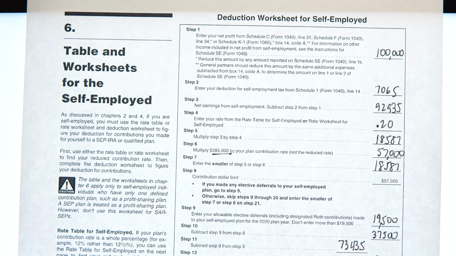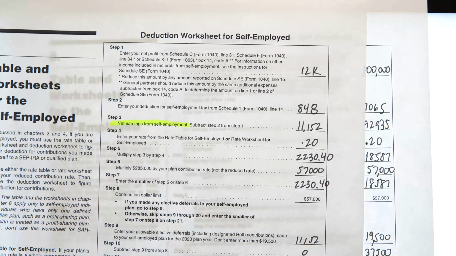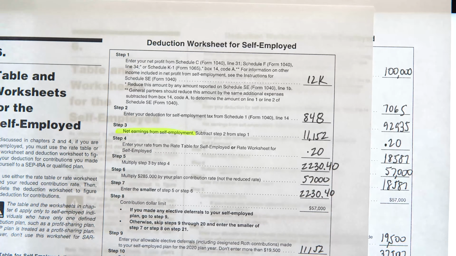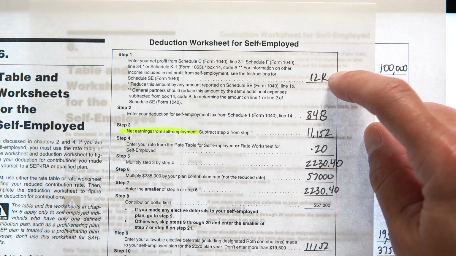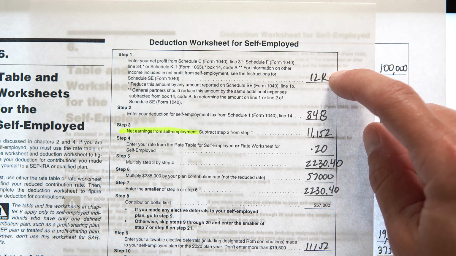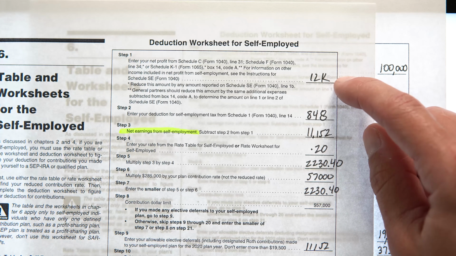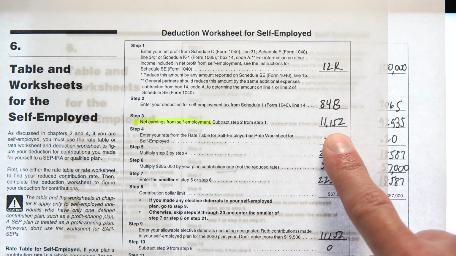Now, this is the example for $100,000. I want to show you an example. I'm not going to go through all of this math because I've already worked it out, but I want to show you what it looks like side by side with an example of $12,000. If you have a net profit of $12,000, and the reason I chose this number is because there was going to be another cap. That's because you're below the $19,500 for the net earnings from self-employment, and that's this number right here.